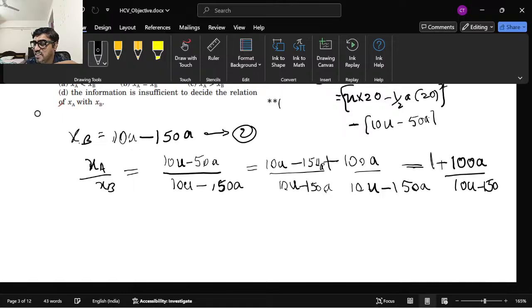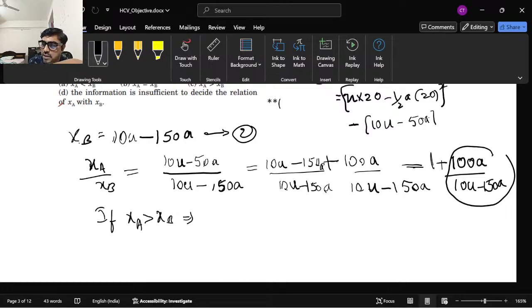Very good. So for this to be greater than 1, if XA has to be greater than XB, for example, then what is the condition? This extra term we have now, 100A upon 100U minus 150A, has to be greater than 0.